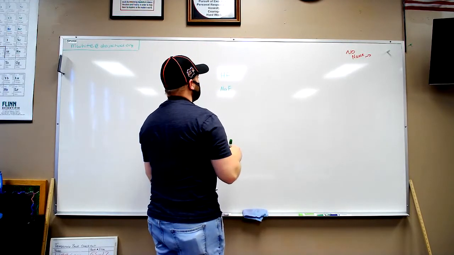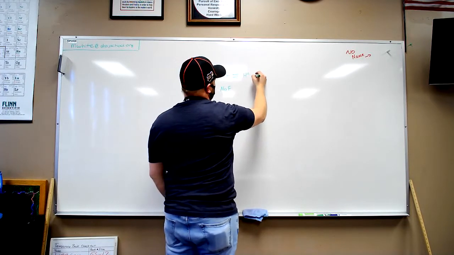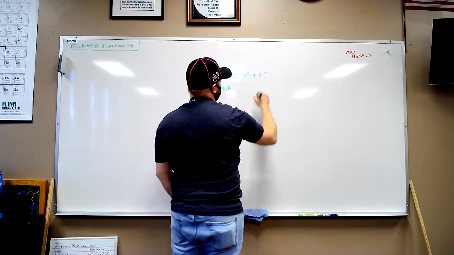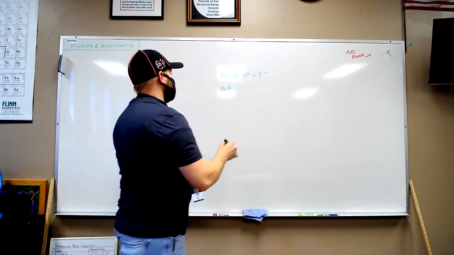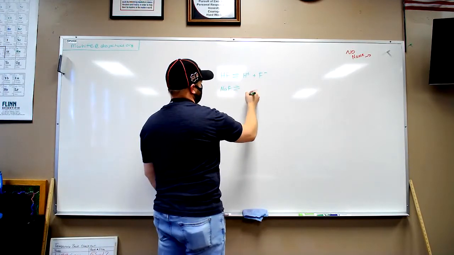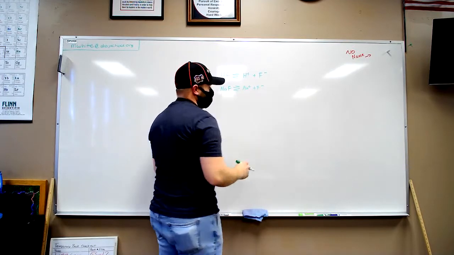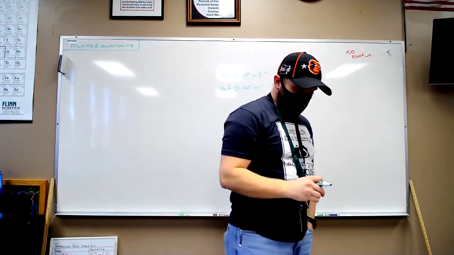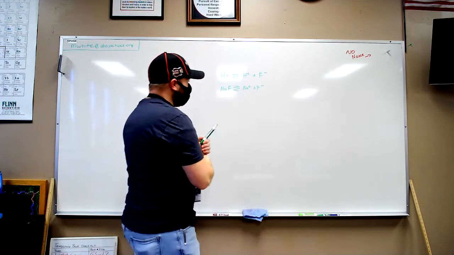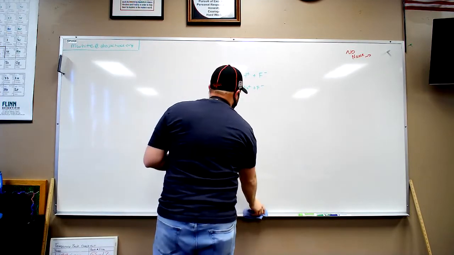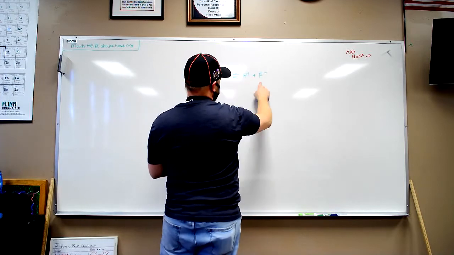This is going to break apart like that, and this will also break apart like that. Now, when we mix them together, this is the main reaction that we're interested in.